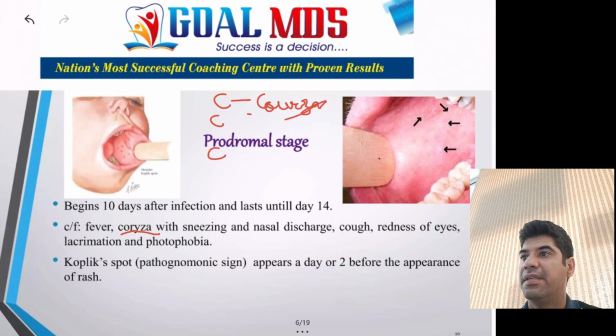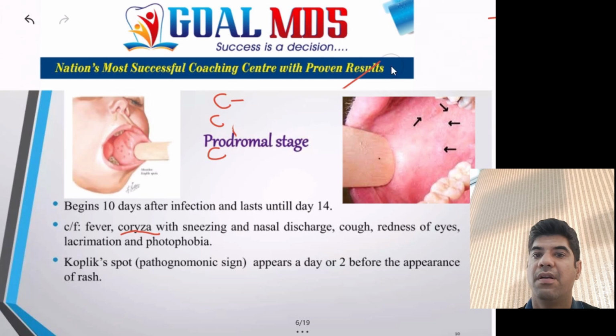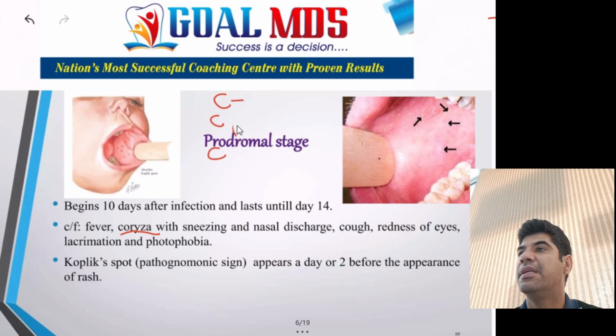Second, cough. And the conjunctivitis. So remember the 3C: coryza, runny nose, cough and conjunctivitis.